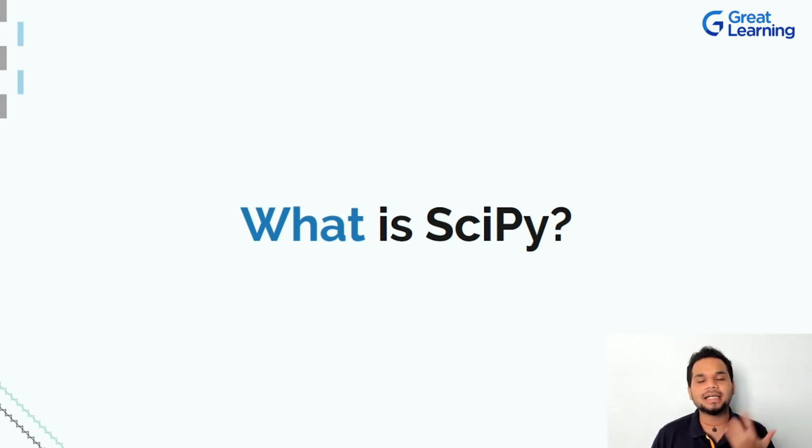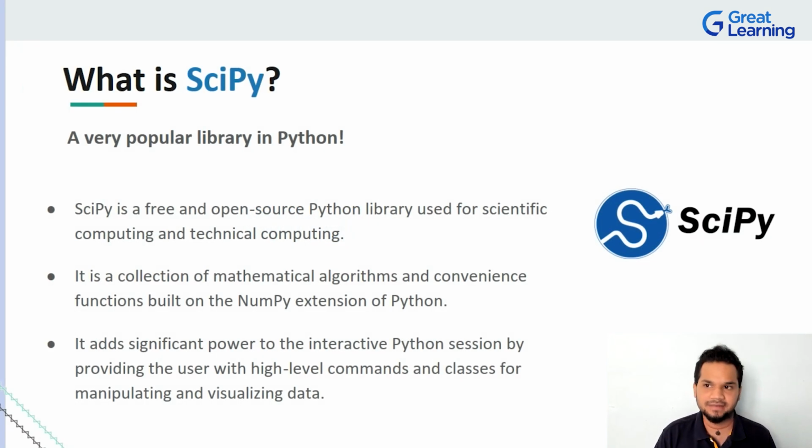So coming to understanding SciPy as a library itself, one thing that I should tell you right now is the fact that SciPy is an extremely popular library in Python. There are thousands and thousands of users, and when you say it's a really popular library, definitely you have to give reasons why it is popular, right? Now, the entire scientific community required a library through which you can perform certain tasks which you had to do manually otherwise, right?